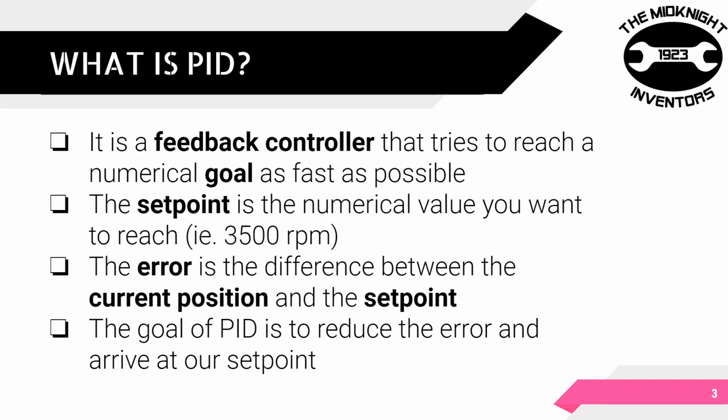So if you want to picture a scenario in your head, let's say we want to spin our motor at 1000 RPM. Our motor is going to start at 0 RPM, right? So what we want to do with PID is figure out, given everything we know about our motor, or rather, given the way our motors actuate, what is the fastest way we can get to 1000 RPM? Because in some cases, you can't just immediately get there.